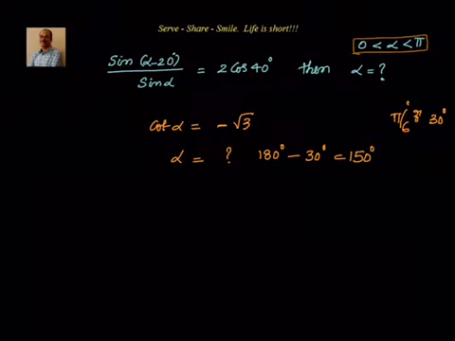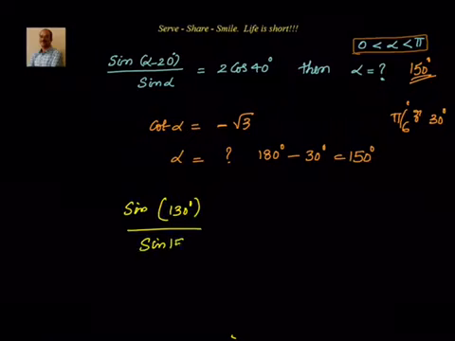Now let us verify whether we did this correctly or not. We got alpha equal to 150 degrees. Let's substitute the value of 150. We'll write down sine of 150 minus 20, that is 130 degrees, divided by sine of 150 degrees, equal to 2 into cos of 40 degrees.